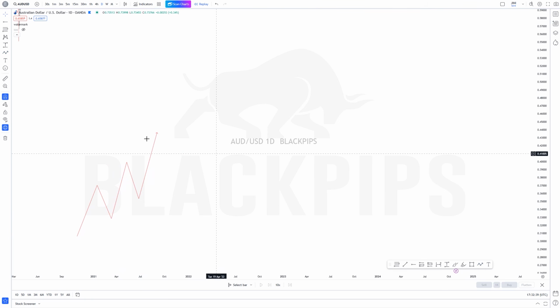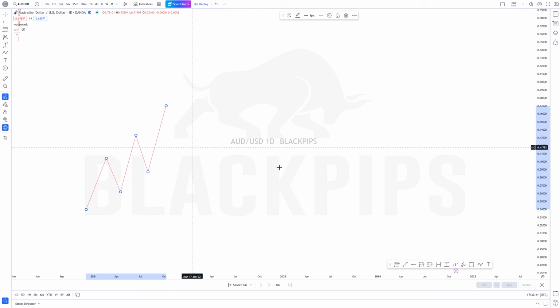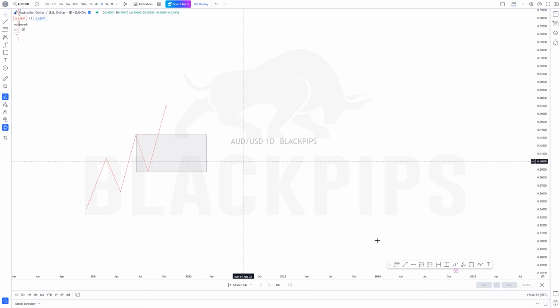After this break of market structure, we expect the market to come within this level, between this validation and this invalidation down here, and then move above to create another new high.